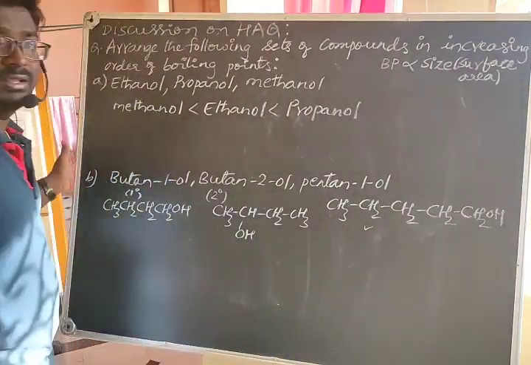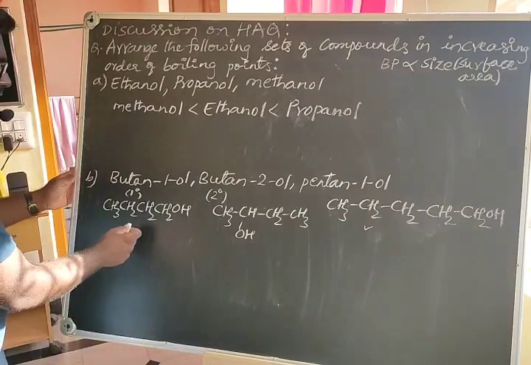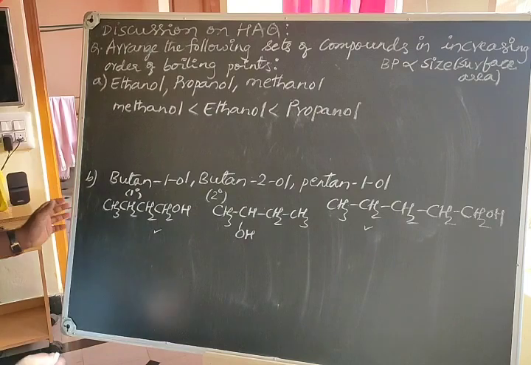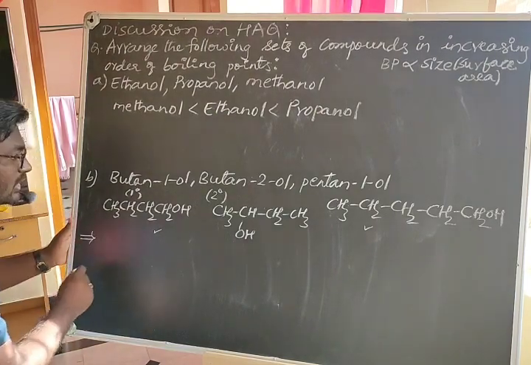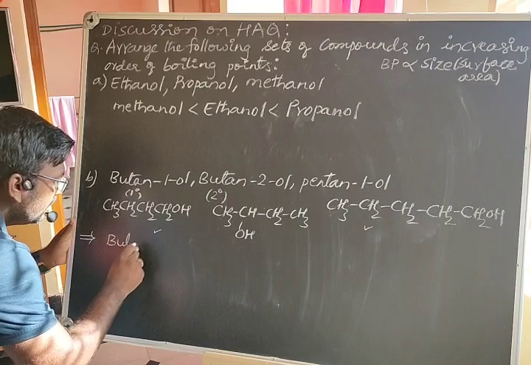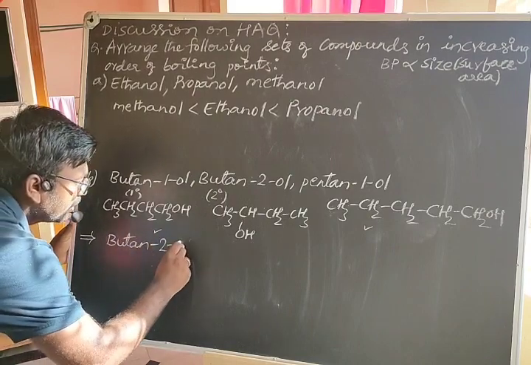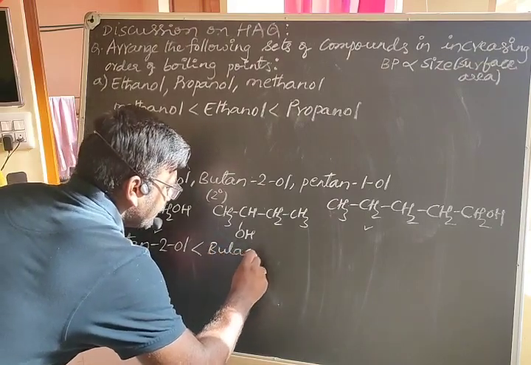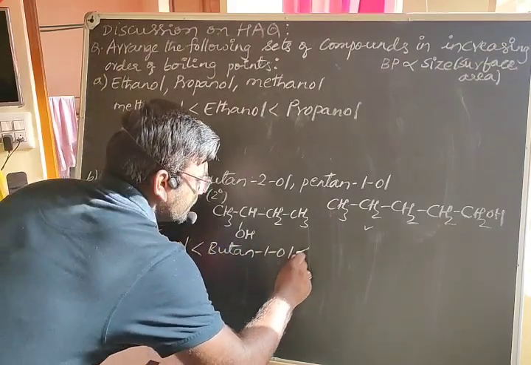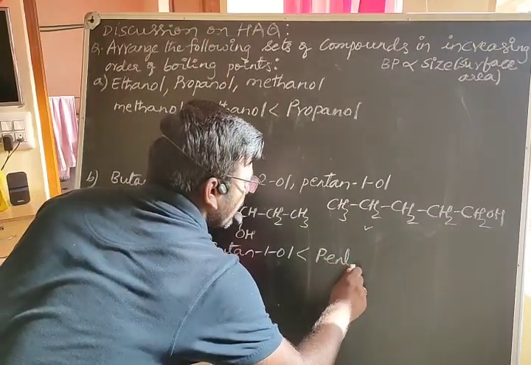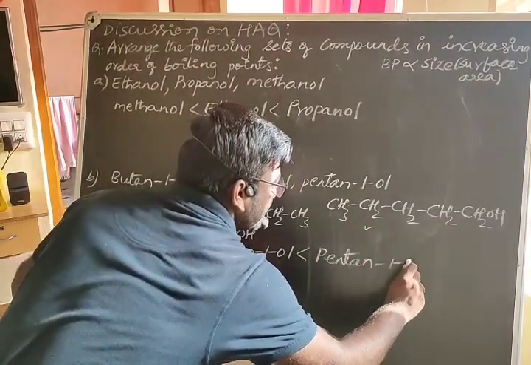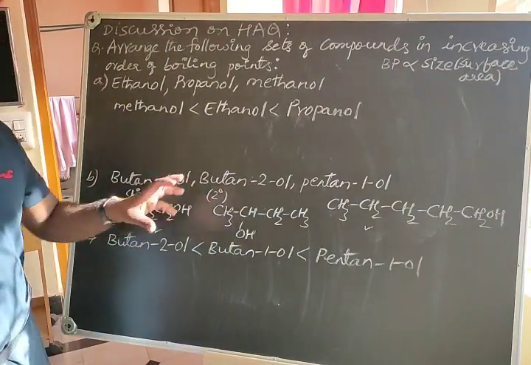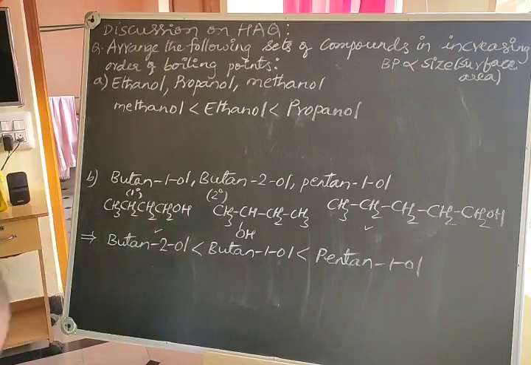This will have the highest boiling point, and in these two it has the larger surface area. Therefore, order of BP will be in this order: butan 2-OL, next butan 1-OL, and next the pentan 1-OL. Okay, this is the correct order of increasing boiling points according to the surface area of the molecule.